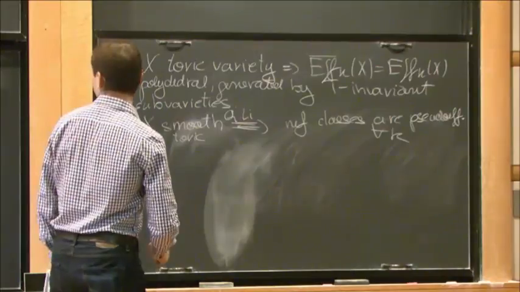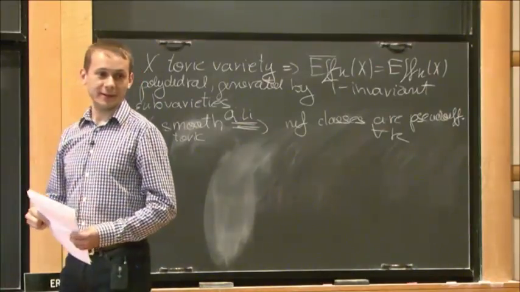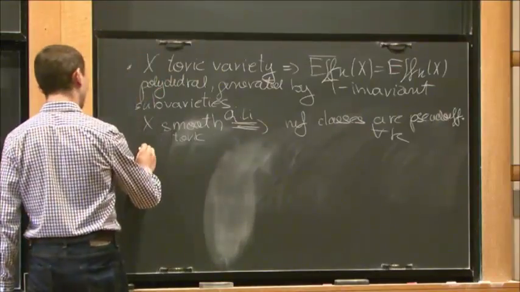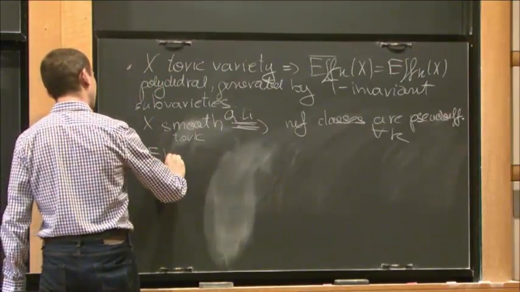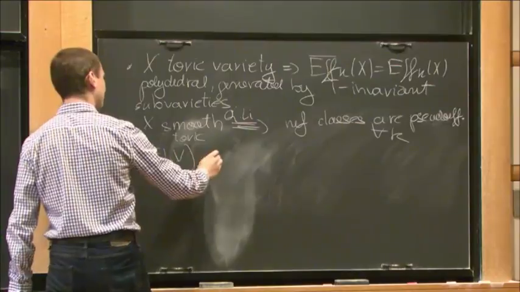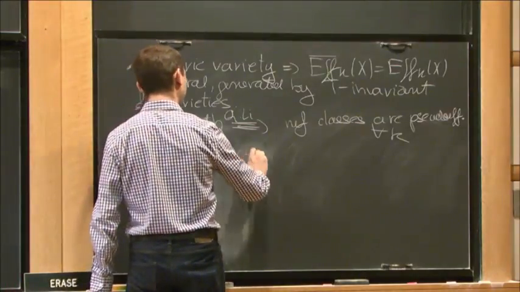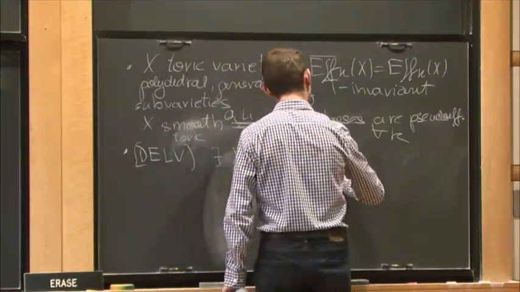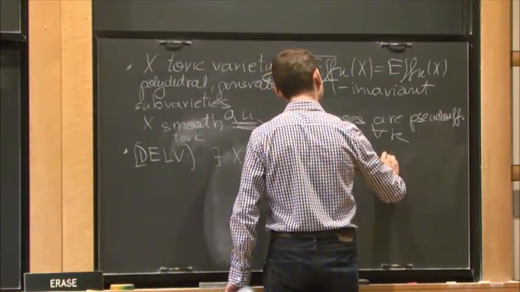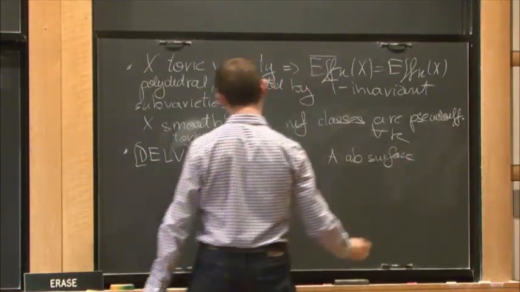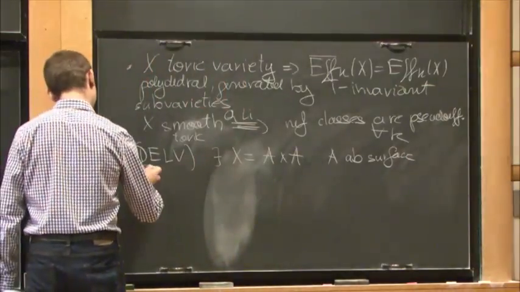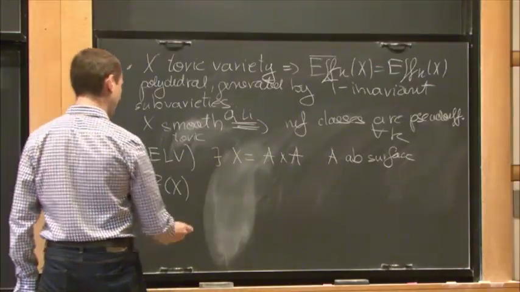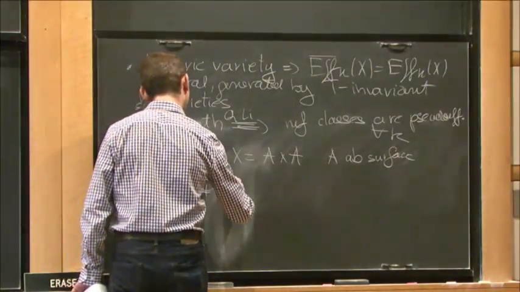So maybe a few examples create the illusion that nef classes are always pseudo-effective, but then relatively recent work by Debarre, Ein, Lazarsfeld, and Voisin. So they show that there exists X, which is a self-product of an abelian surface, and such that the nef cone in codimension 2 actually strictly contains the pseudo-effective cone.